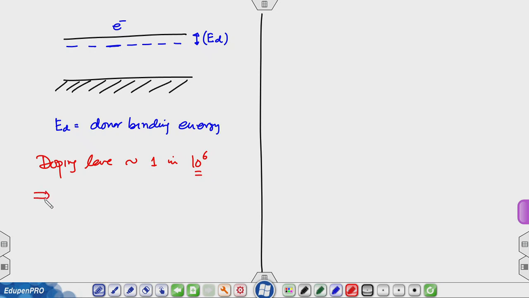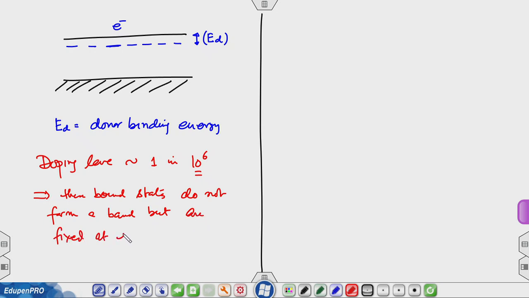So, this implies these bound states do not form a band, but are fixed at energy E d below the conduction band.